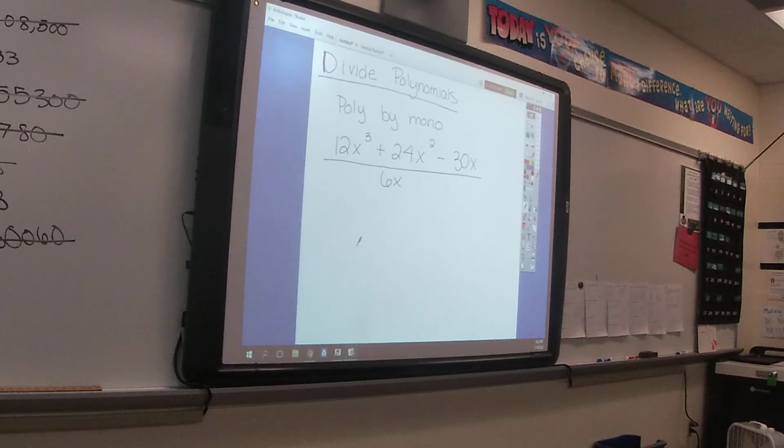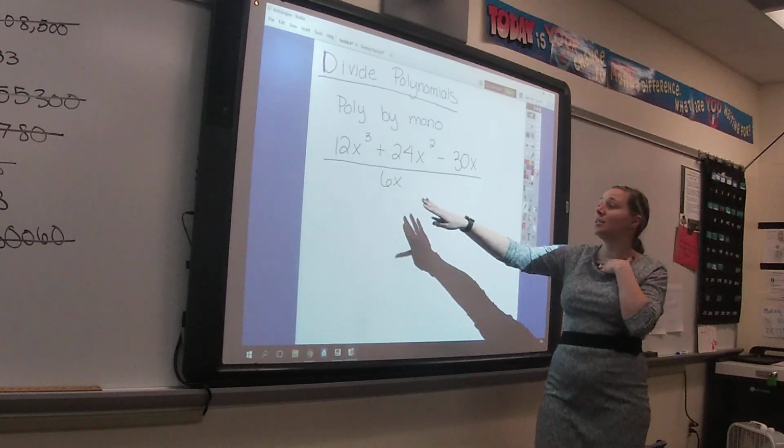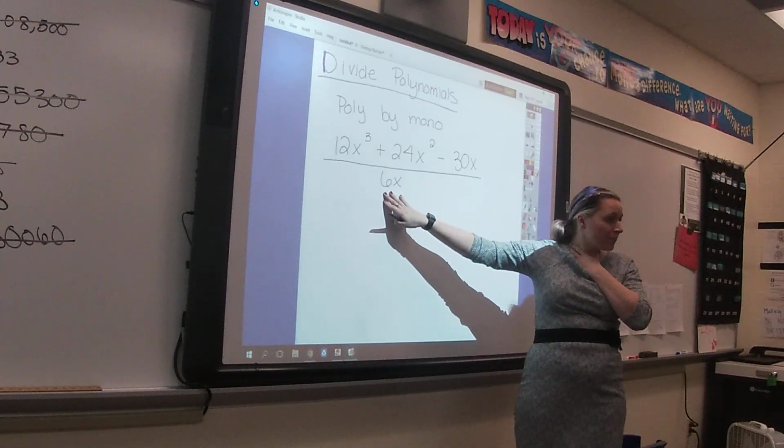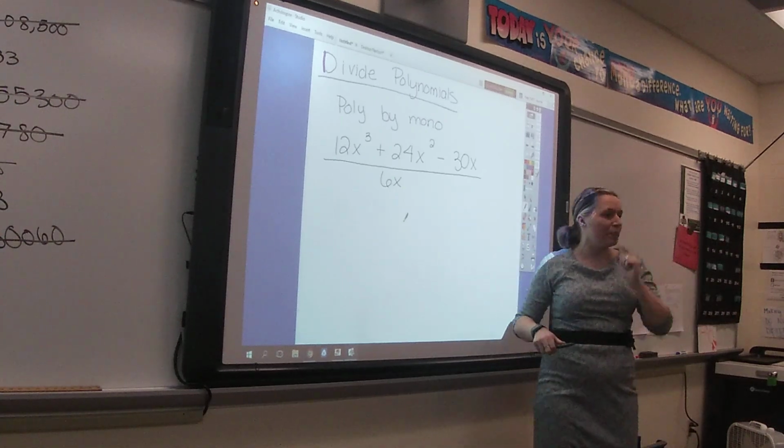Then we are just going to treat these as individual pieces. All we're going to do is take this denominator and divide each individual piece.